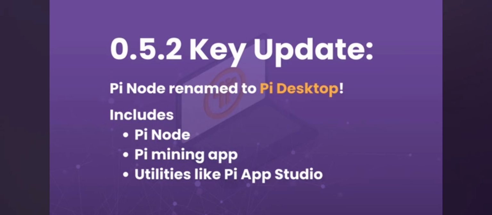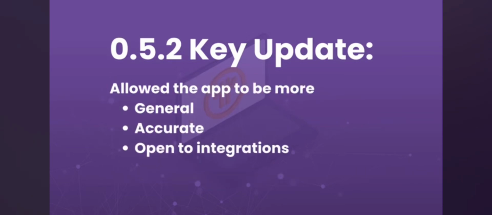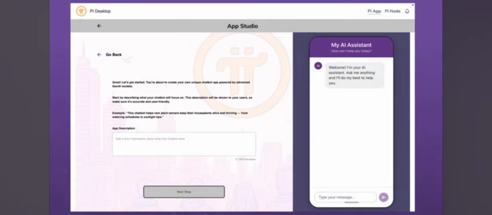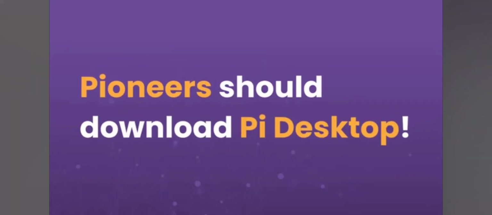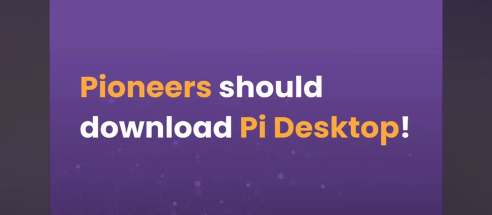This change allowed the app to be more general, accurate, and open to current and future integrations on desktop computers that are not necessarily related to Node, such as accessing Pi App Studio on a large computer display. Pioneers are recommended to download Pi Desktop and take advantage of these additions.